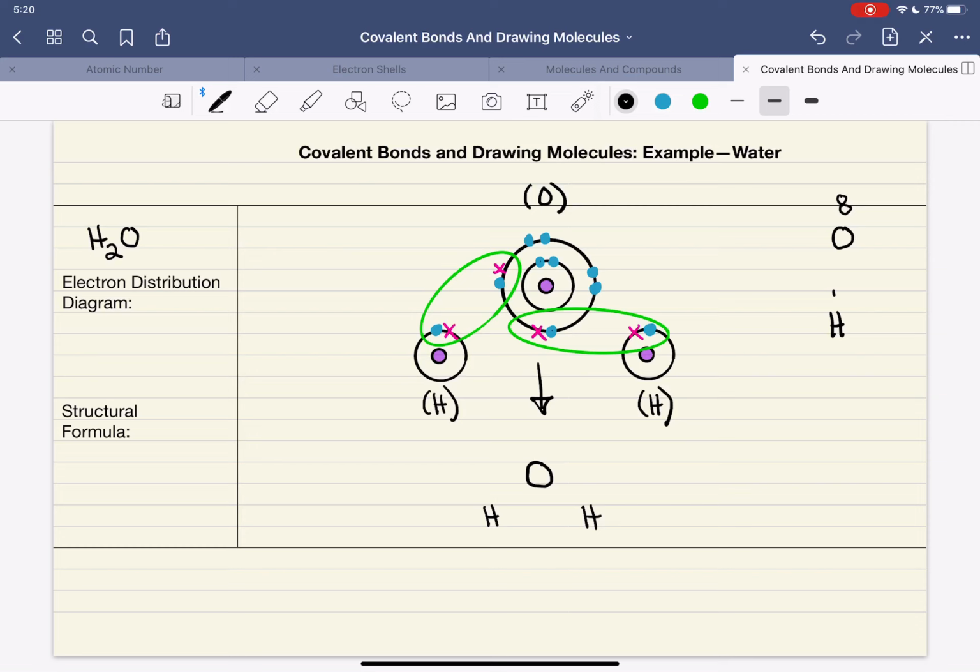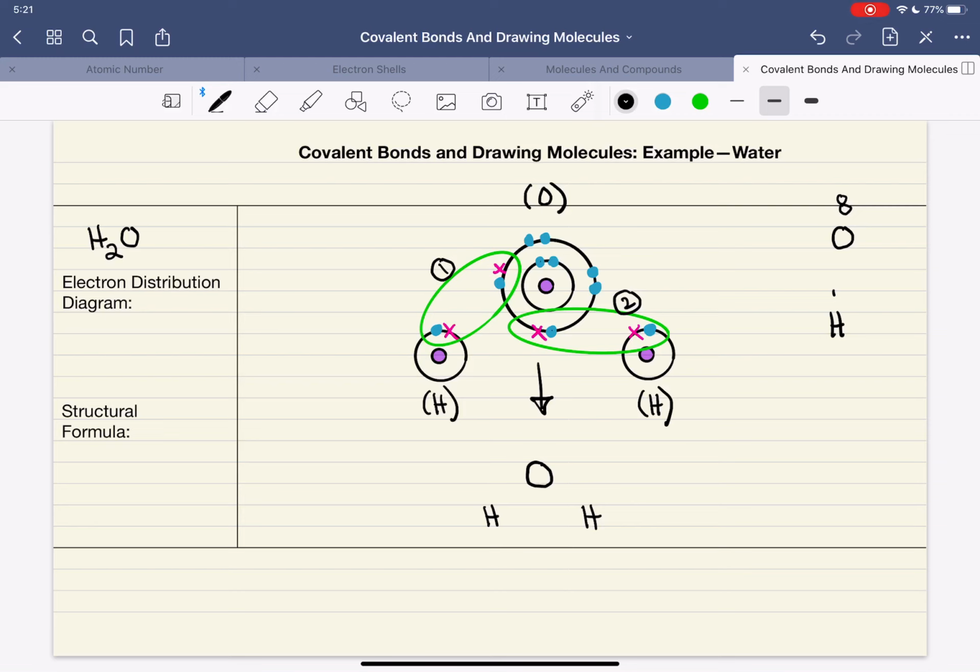And remember, with the structural formula, the only thing we want to focus on is covalent bonds. So how many covalent bonds do we have? We have 2, 1 here, 2 here. So again, those green ovals represent the covalent bonds, the shared pairs of electrons. There are 2 of them.